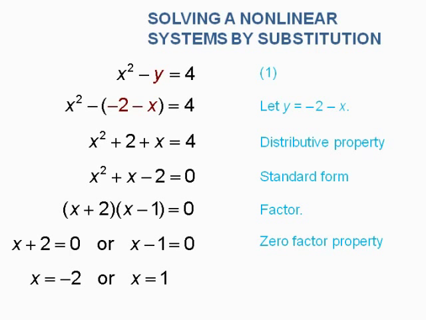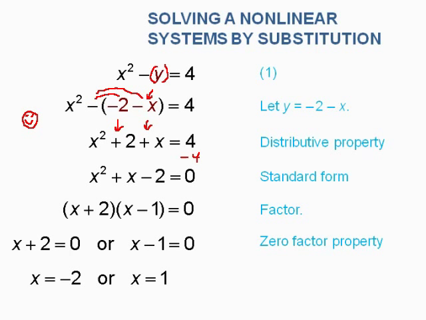Now in the first equation, x squared minus y equals 4, we replace y with the -2 minus x we just solved for. Notice now we've got everything in terms of one variable. Distributing the negative sign through and rearranging, watch those signs: x squared minus a negative gives us x squared plus 2 plus x equals 4.